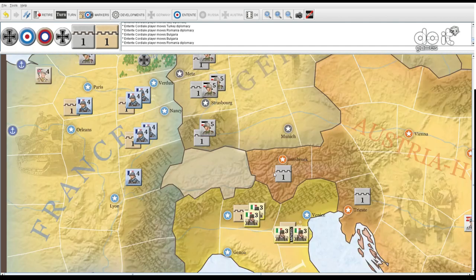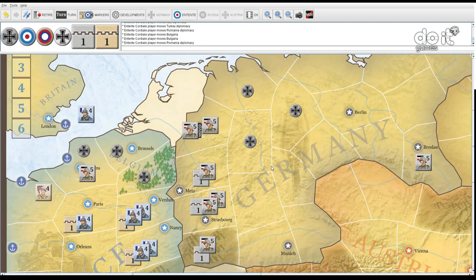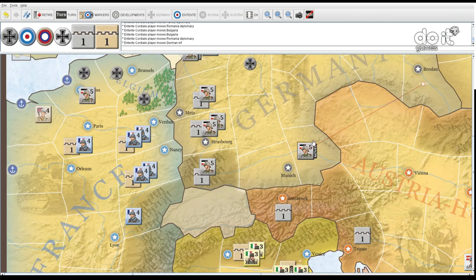I will explain the supply now. Supply is quite important in this game, because if one unit gets out of supply at any time during the enemy turn, that unit will lose one step. Remember that units have two steps. For any reason, imagine that unit is at any moment out of supply.